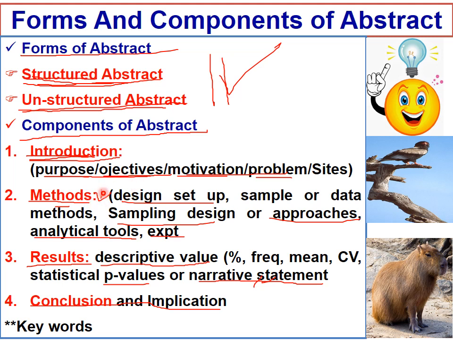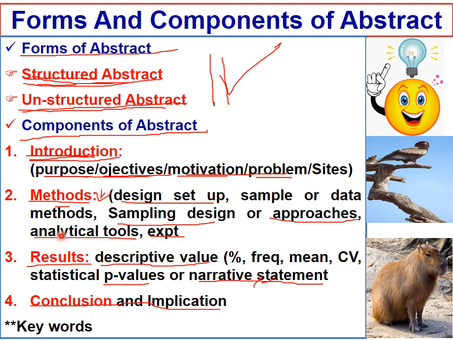Under this particular section, a researcher will explain the design setups. What was the research design? What was the sample size? What were the methods that were used to collect data? What was the sampling design? What were the approaches that were used while collecting the data?